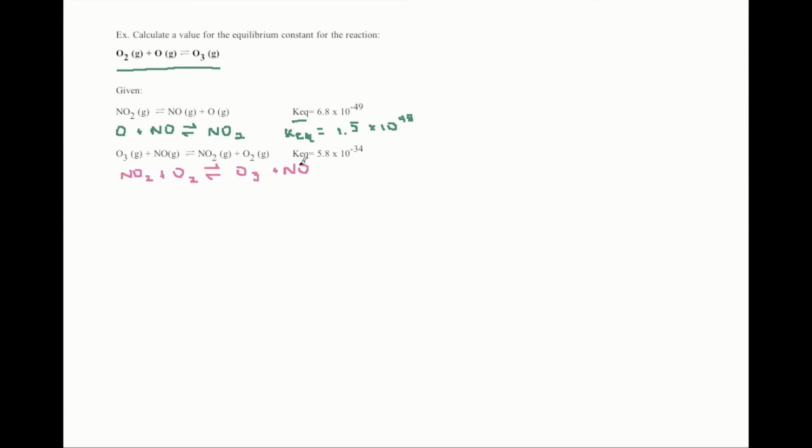And when I calculate that, what I end up getting is 1.7 times 10 to the 33rd.